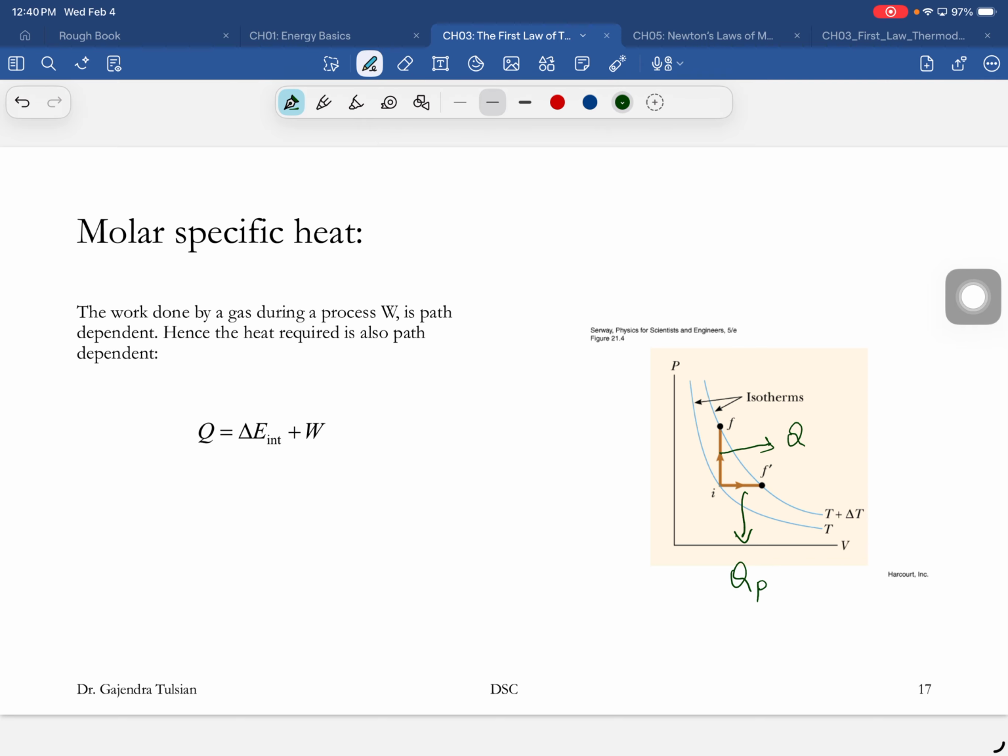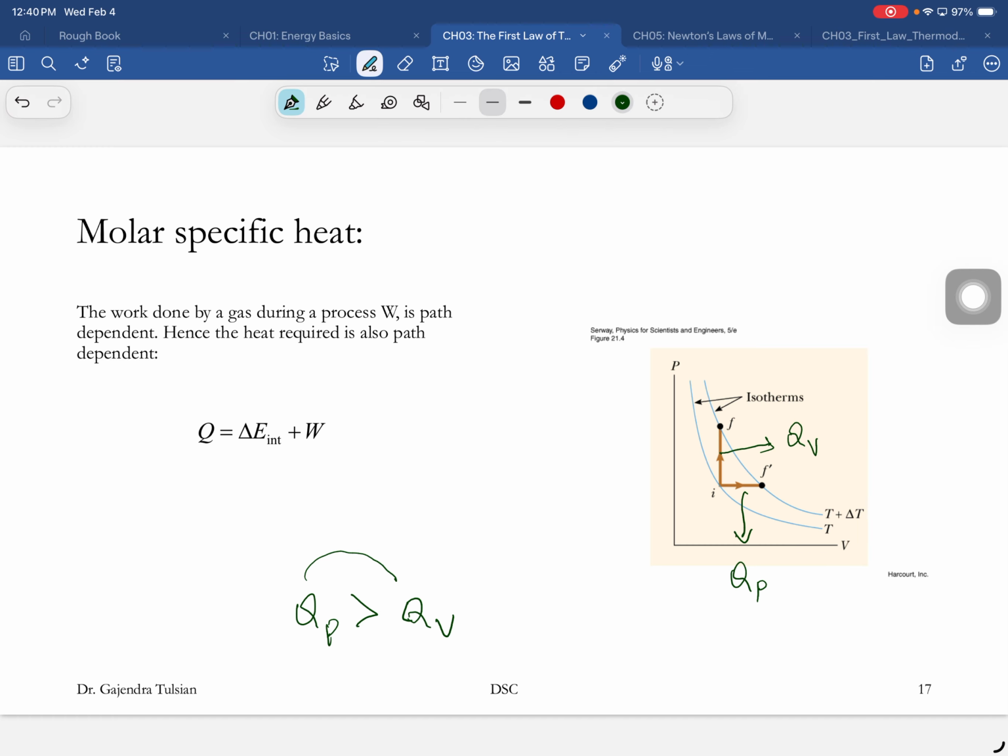This is heat added at constant volume. And the heat added at constant pressure is greater than heat added in a constant volume process. Okay? Because for a constant pressure process, you had to do work as well. Now we'll figure out how much more heat you need to add.